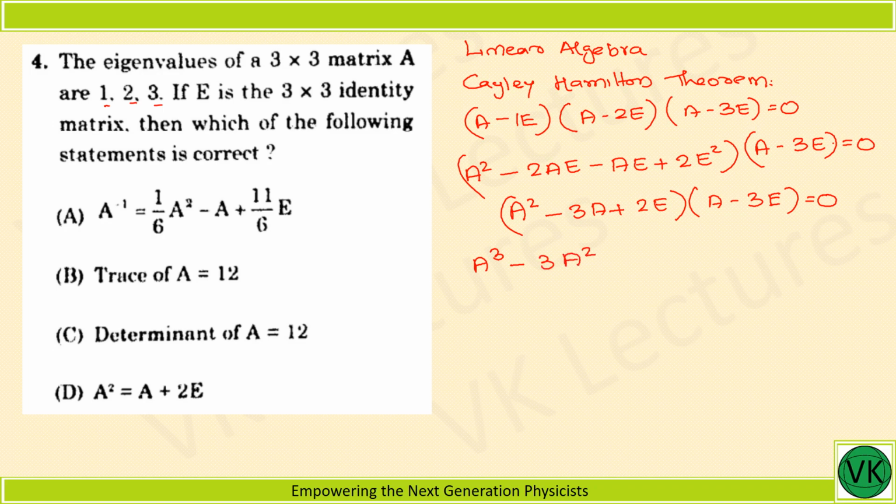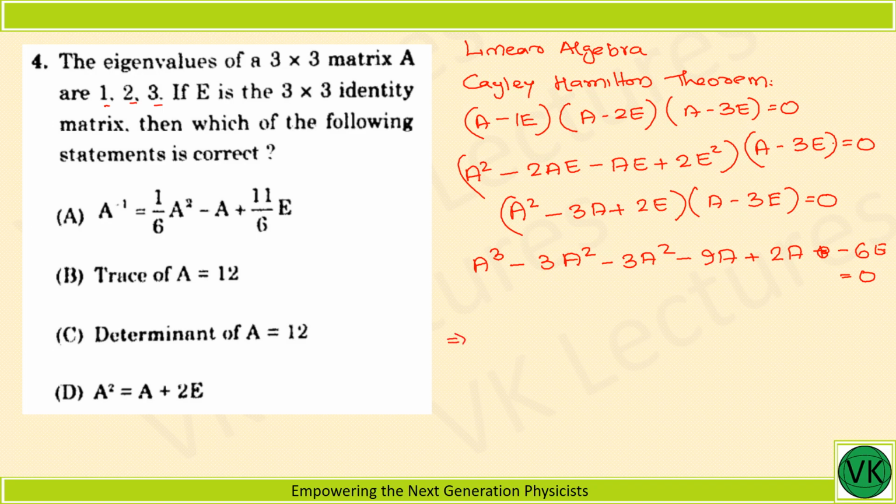Here we have minus 3A squared, minus 9A plus 2A plus minus 6E. Right, this is equal to 0.